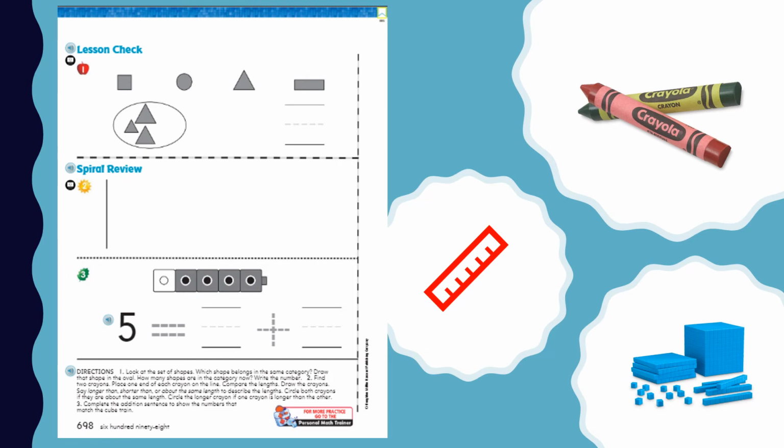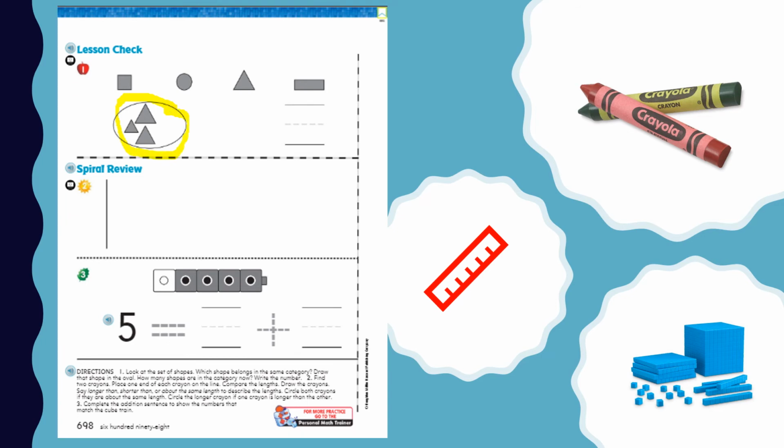You should now be on page 698, which is our last page of math for today. And number 1 up at the top, we are looking for a shape that belongs in the same category. Okay, so look at all the shapes that are up on the top. You have 4 shapes to choose from. And then look at the shapes in this category right here in that group.